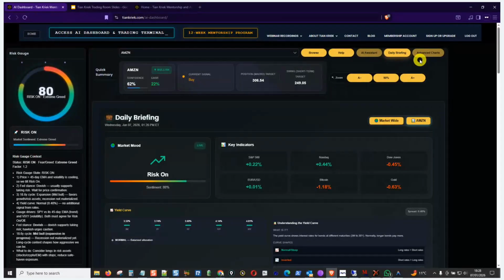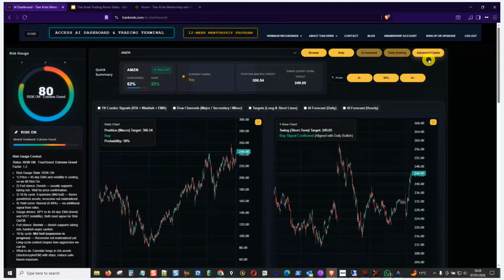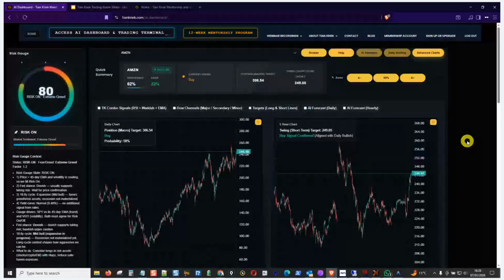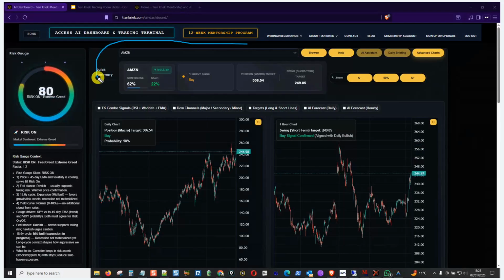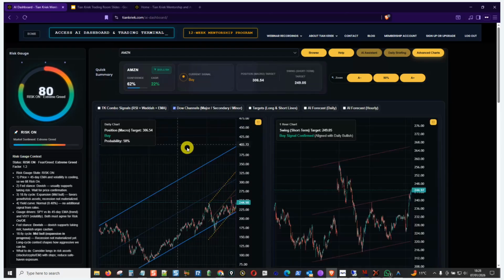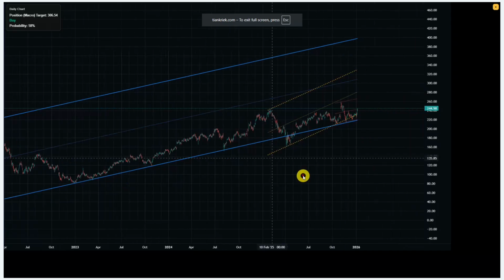If I want to go back to the advanced charts, I can just click on the advanced charts, and it opens up the advanced charts for me. And again, the advanced charts and everything will be focusing on the current symbol that is selected in the dashboard, which at this point is Amazon. All right. And if I want to see the technical analysis on Amazon, I can click on the Dow channels box, and then it will automatically load a technical analysis for me.